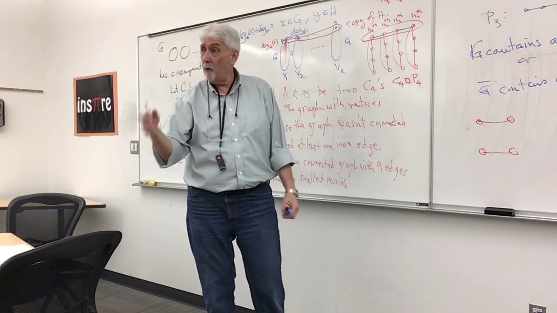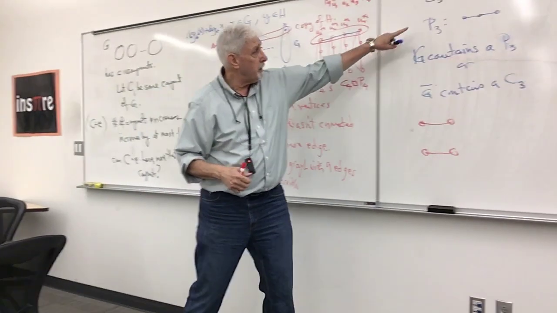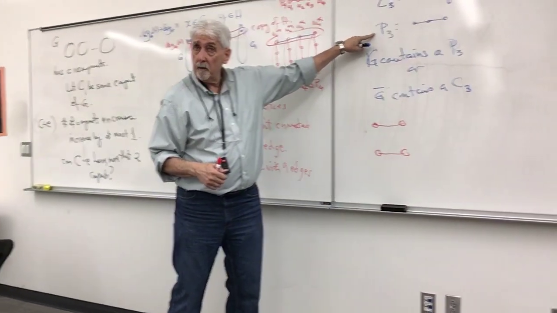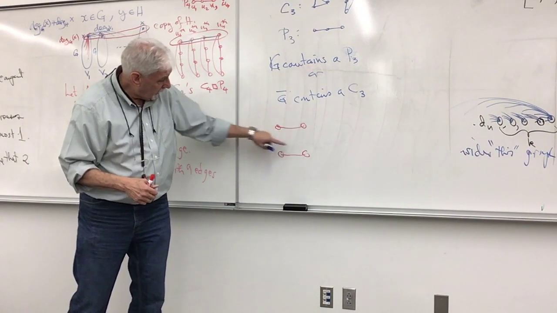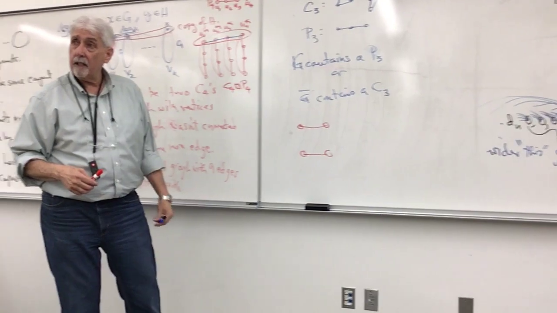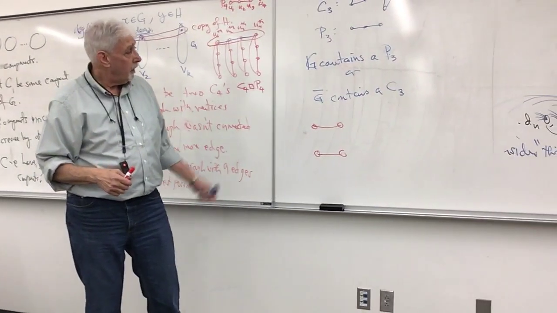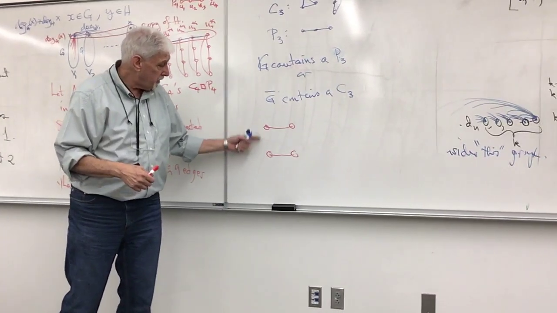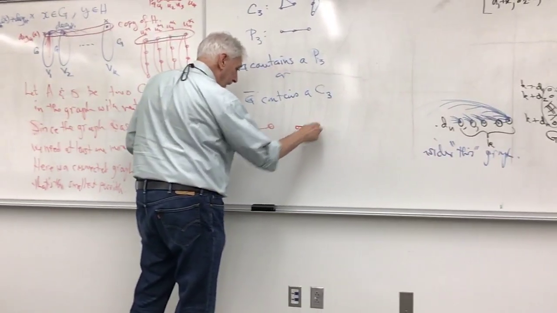If we add any more red edges, we'll have a P3. Remember, this is a P3. If I add this second edge in any other way between these two pairs of 2 points, then I would have a P3. So the graph either looks like this or it looks like this.